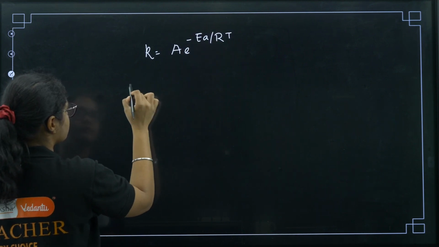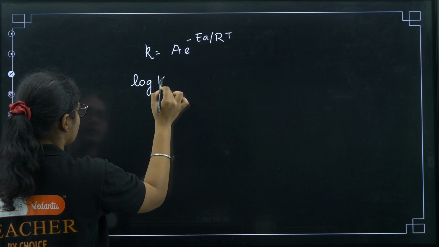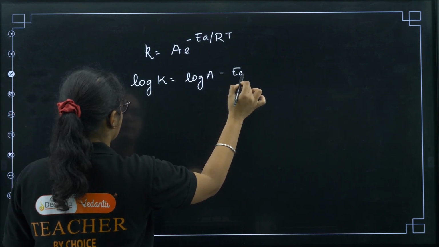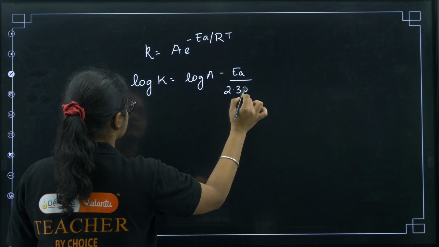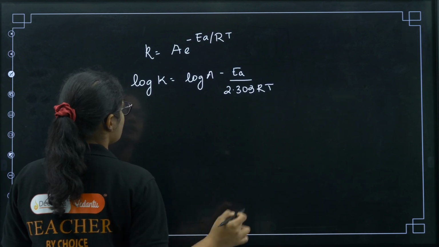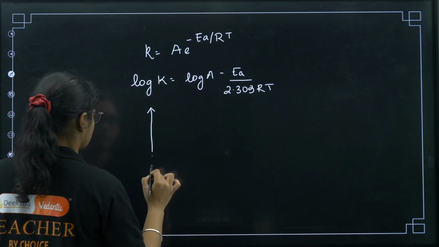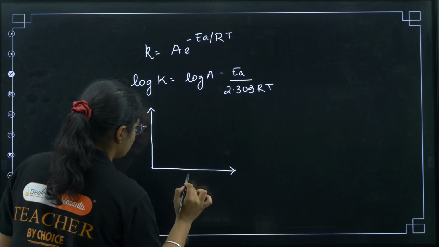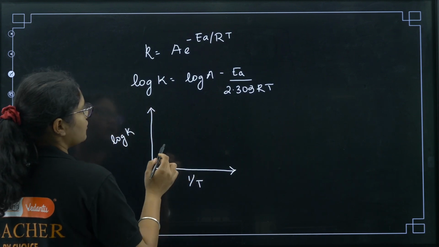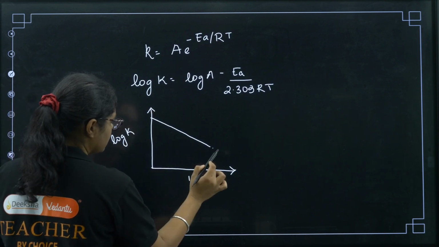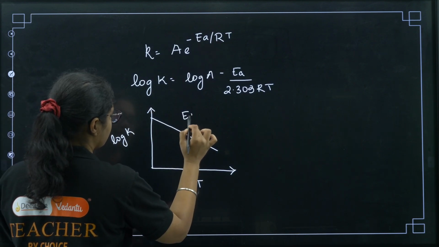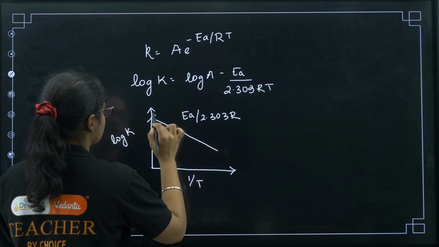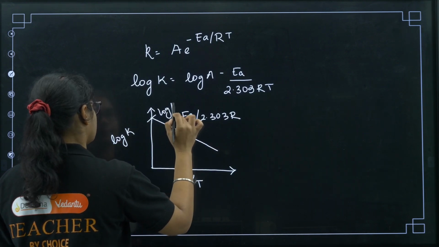If you take log on both sides, I will get log K is equal to log A minus EA by 2.303 R into T. So now if I draw a graph for this one, you will get log K and 1 by T. Here you have the slope, that is EA by 2.303 R, and here we have log of A.